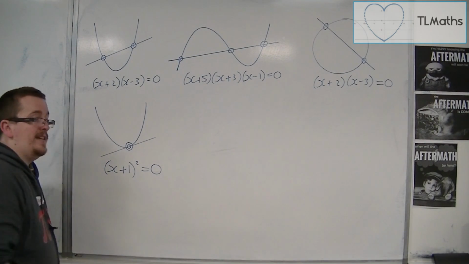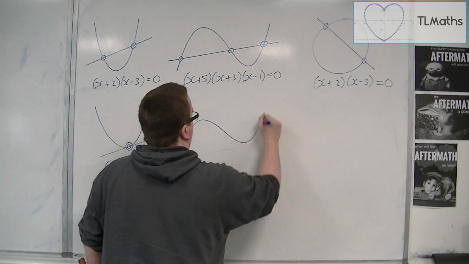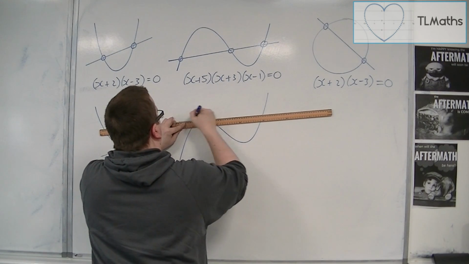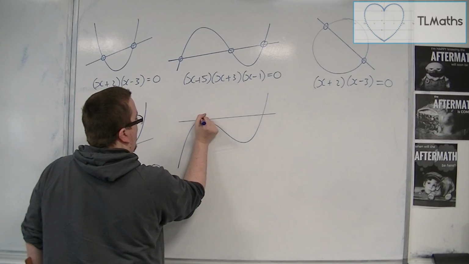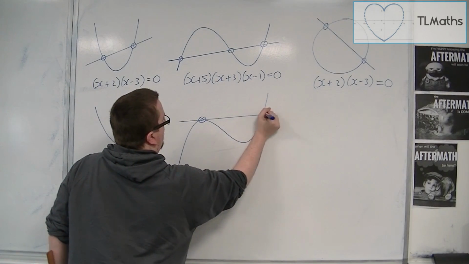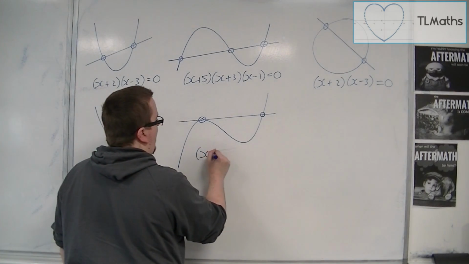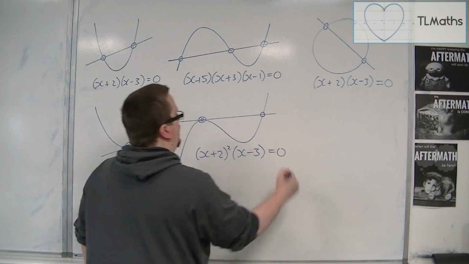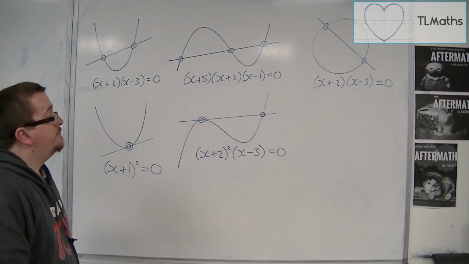You've got that repeated root. Or with a cubic, you might have a situation that looks like this, where the line is a tangent at 1 point, but there is a distinct value over here. So this could be something like (x + 2)²(x - 3) = 0, for example. That might be the situation that you get with the algebra.